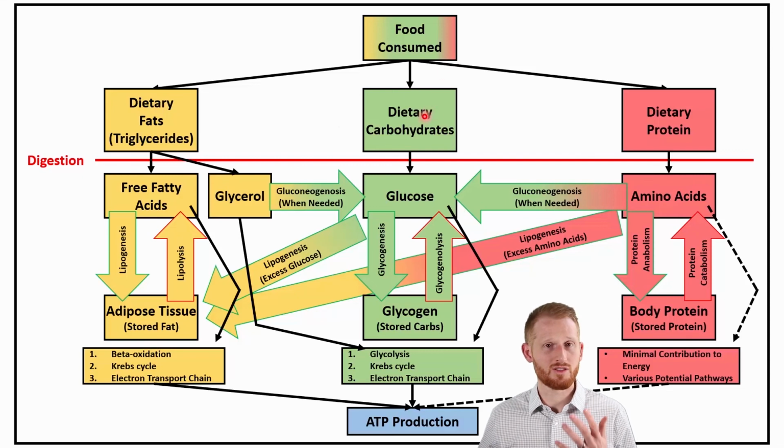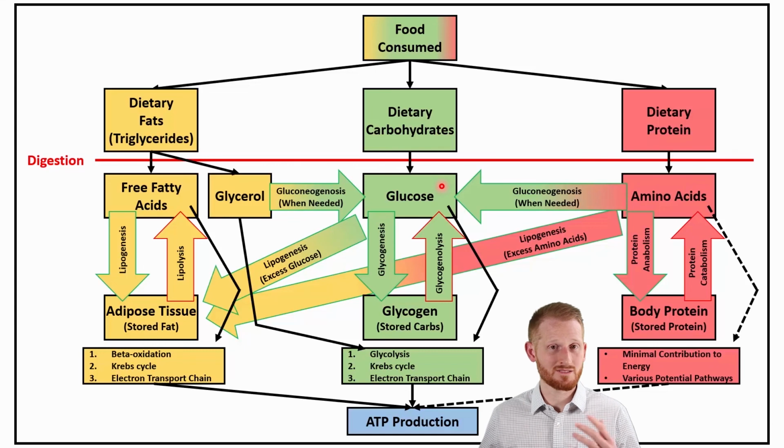All right, so how does our body use the carbohydrates we eat? For the most part, we either bring it in as glucose, or we convert it to glucose in the body, all the carbohydrates. And so glucose, if it's in excess, can go through lipogenesis to produce fat tissue.